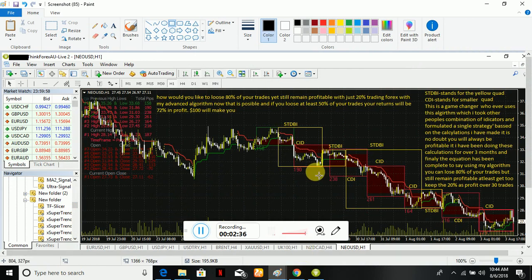Okay, what you are seeing on the screen here, to someone that knows what forex is, it won't be so difficult to see that this is a data chart. There's numbers here, words, and so on, and you have this STDBI, and then you have this CID.